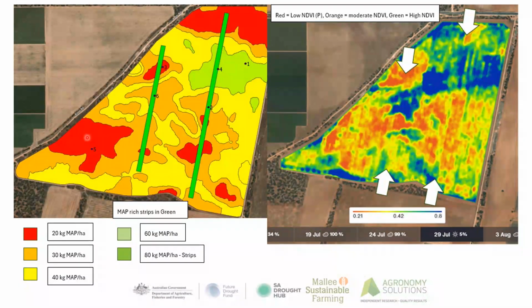So red indicates low VRT or low MAP rates from Pete, low EM38, high EM38 readings from the north and southwest, increasing to your profitable areas where he's throwing more MAP at it. So this is just an image capture on the right here of an NDVI of the approximate strip locations here. We can start seeing some early indications of that strip working, but again, grain in the bin is going to be really important for this demonstration.